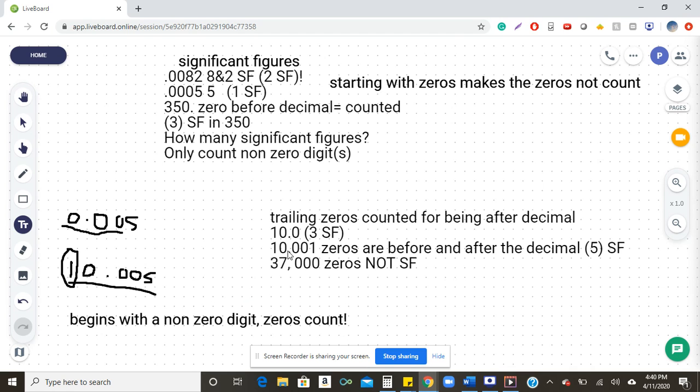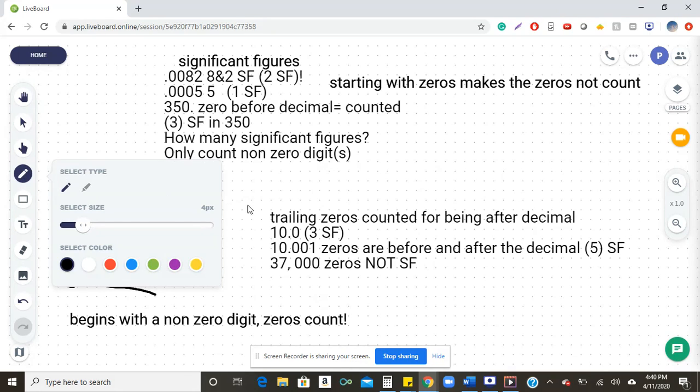If you have a non-zero digit such as 1 and then a 0 and then a decimal and then more zeros and more non-zero digits, it would all count. So there's 5 significant figures.